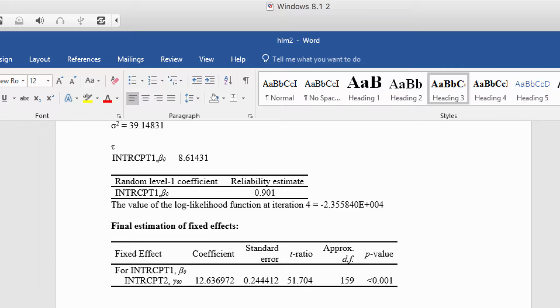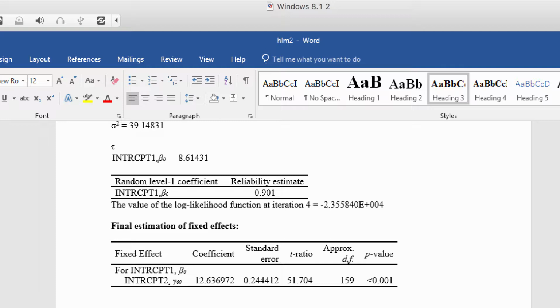So we have the grand mean across schools, and we have significant variability associated with that grand mean. What we need to determine, and what we've determined already, is whether the variability in math achievement is due to individual schools, or whether there is a substantial contribution of between-school variability.